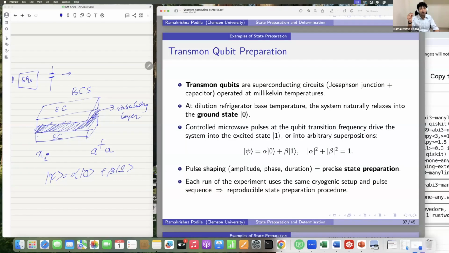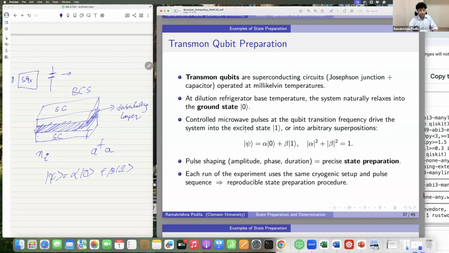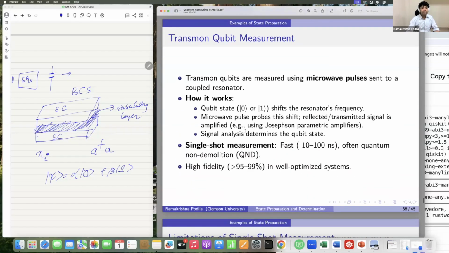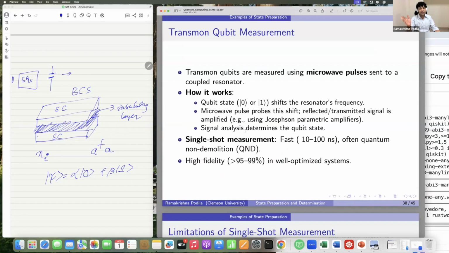Those are the transmon qubits that the IBM quantum computers are using. By working with pulse shaping, amplitude, phase, and duration of the pulses, we can precisely prepare the state. And then we can do single runs or multiple runs. When we make measurements, there are single shot measurements that are fast. That is, I send one single 10 to 100 nanosecond microwave pulse, and that microwave pulse changes because of its interaction with the qubit, right?